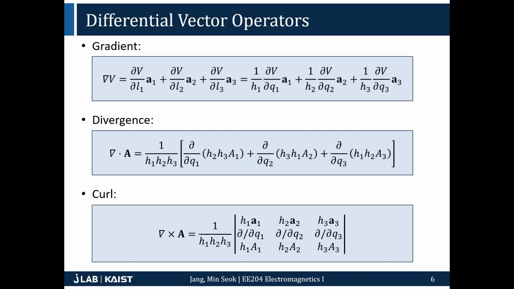So if you replace h1, h2, h3 with 1, then you can get a simple definition, as you saw in Cartesian coordinates. If h1, h2, h3 are all 1, then the divergence of A is now as simple as this.